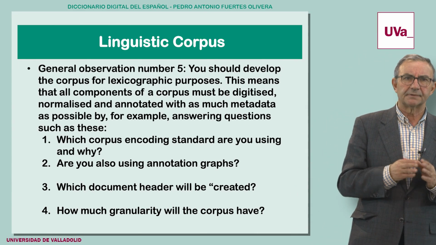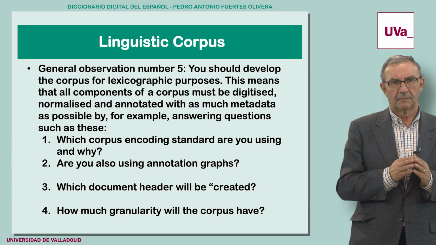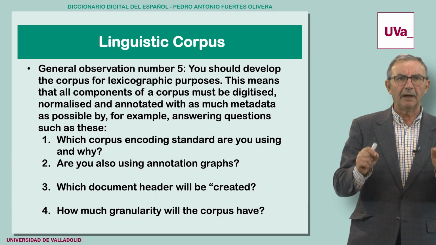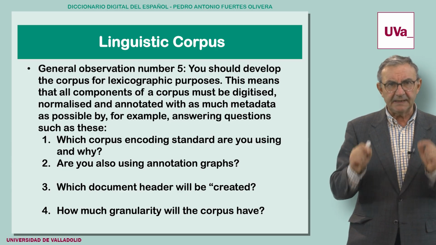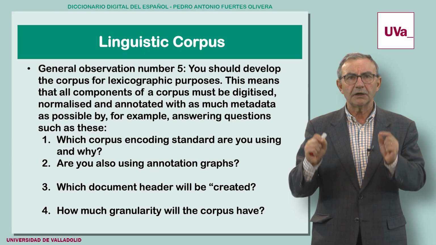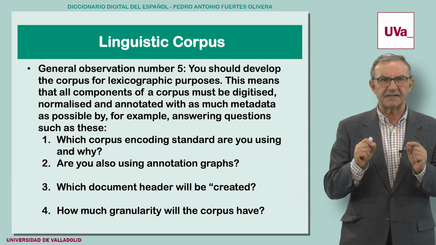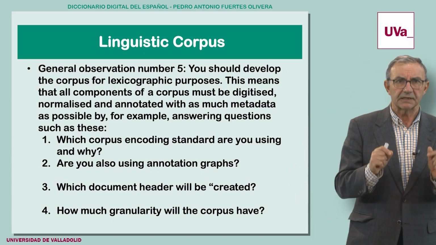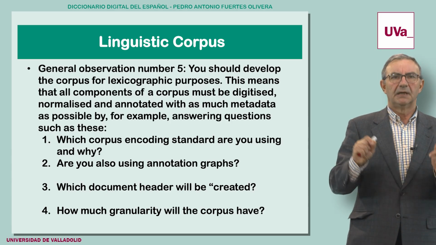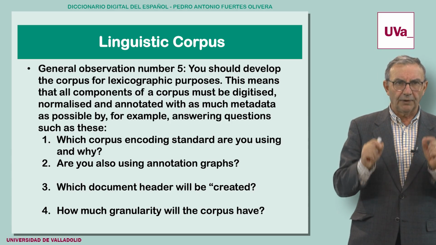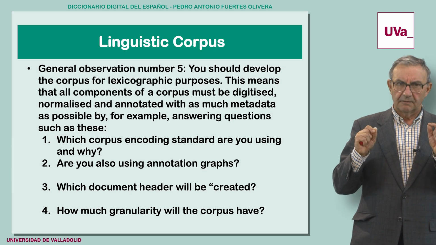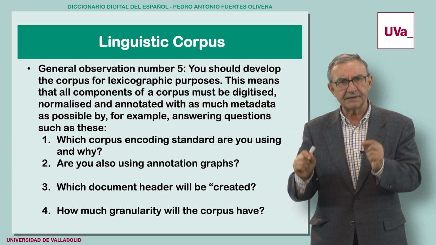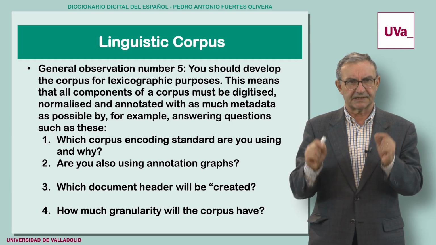General observation number 5. You should develop the corpus for lexicographic purposes. This means that all components of the corpus must be digitized, normalized, and annotated with as much metadata as possible. For example, by answering questions such as these.